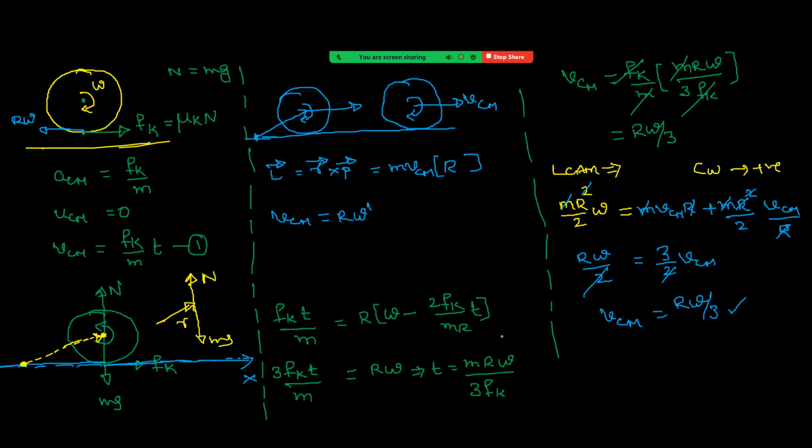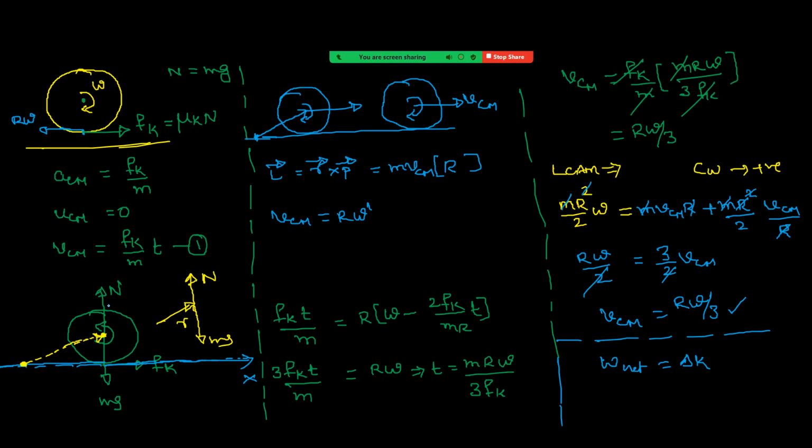Because you see carefully, if you want to take the work energy theorem, W net is equal to delta K, right? How many forces are acting? Gravity, normal reaction, and friction.